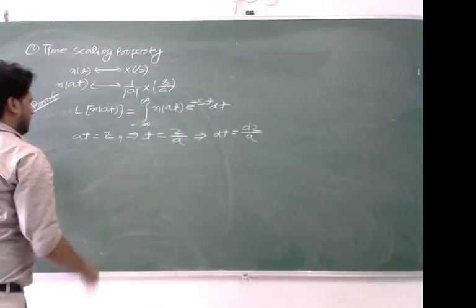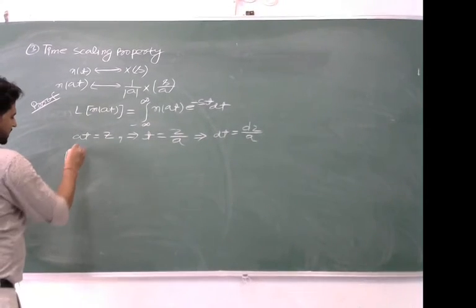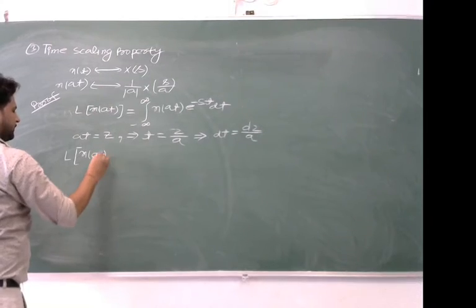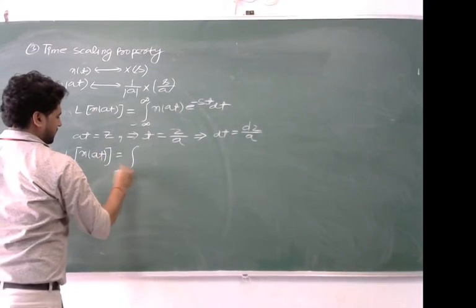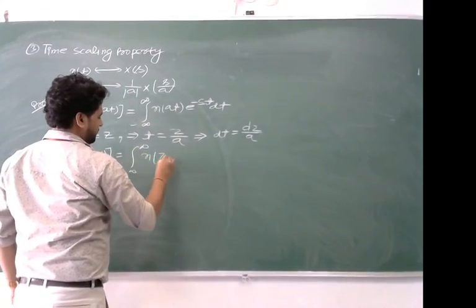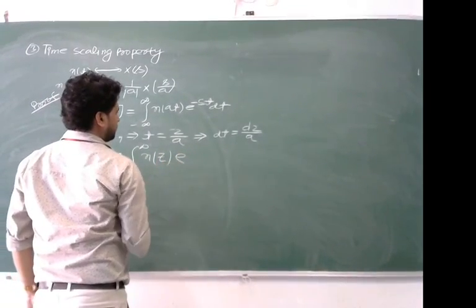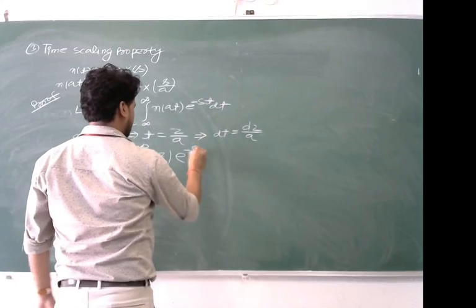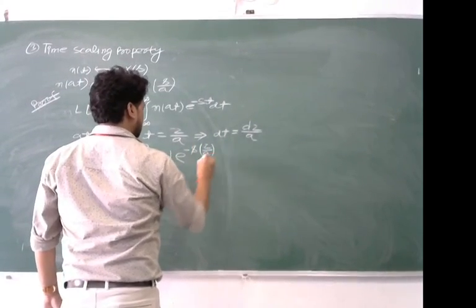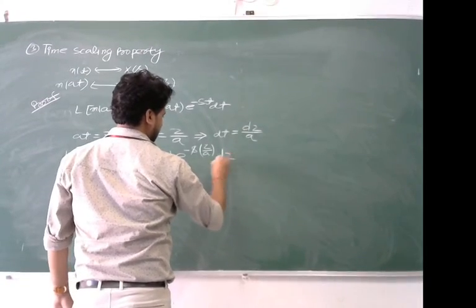So I will write the Laplace transform of x of at as the integration from minus infinite to plus infinite of x of z into e power minus s into z by a into dz by a.